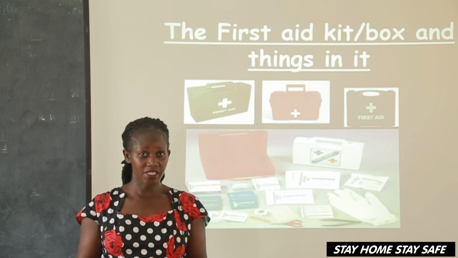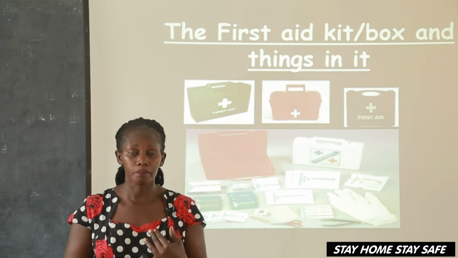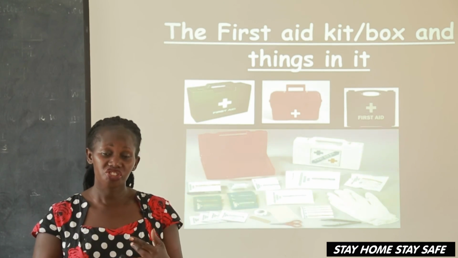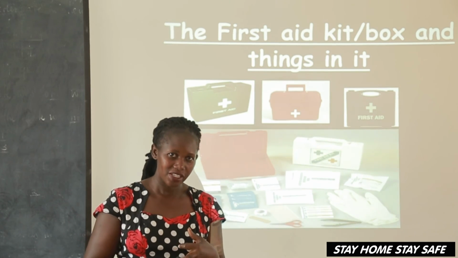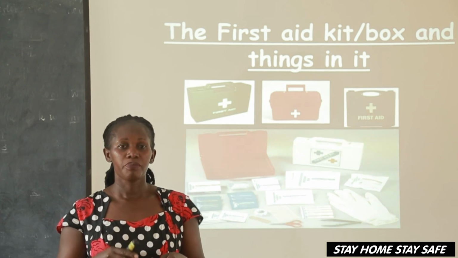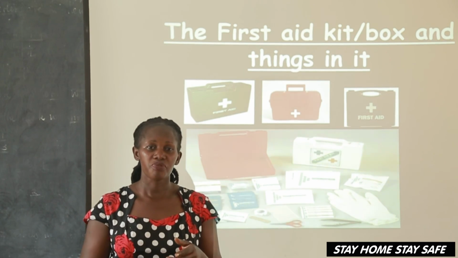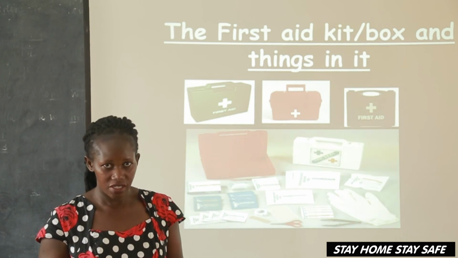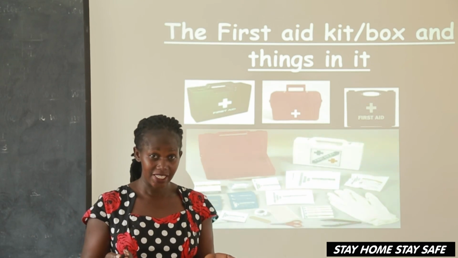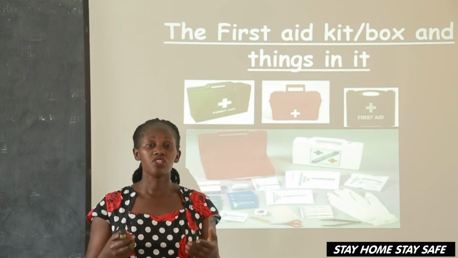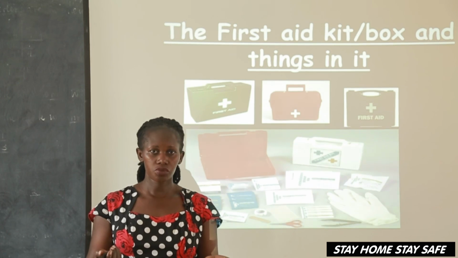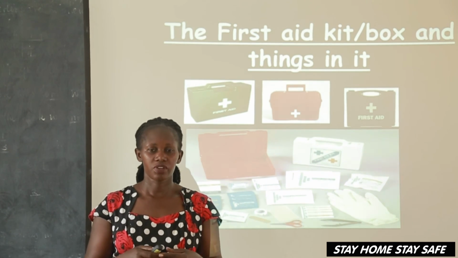You still remember some? We have plaster, bandage, gloves, a razor blade, pair of scissors. We need iodine, we need spirit, we need gauze, we need tweezers, we need cotton wool. So those are things we use to give first aid.